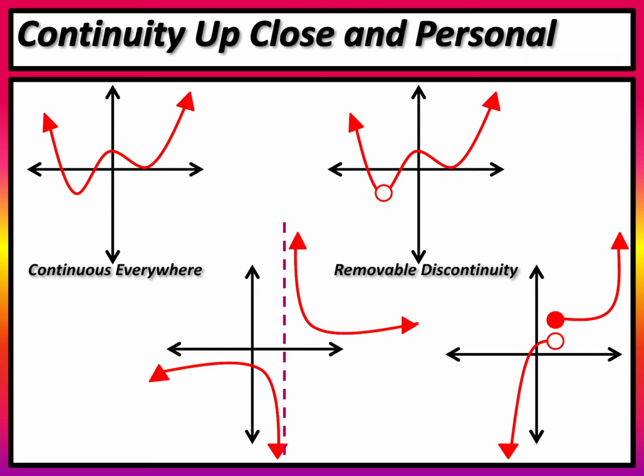This graph in the middle would be the infinite discontinuity because I need an infinite line there to complete this graph to make it continuous. And then lastly, jump, because for the space in between the open and the closed circle, I would need a line segment to go in there to make this continuous.